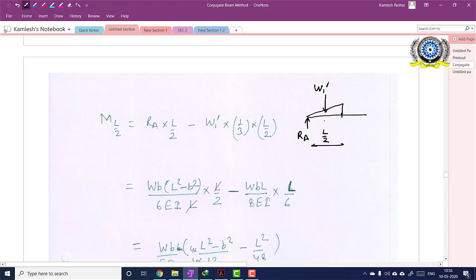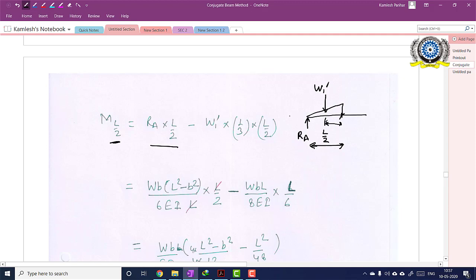And what is the distance? You tell me. If this is L by 2, then this will be 1 by 3rd of L by 2. So here I have found the bending moment at L by 2. What is RA times L by 2? That is force into lever arm, reaction into lever arm, minus W1 dash multiplied by this lever arm.